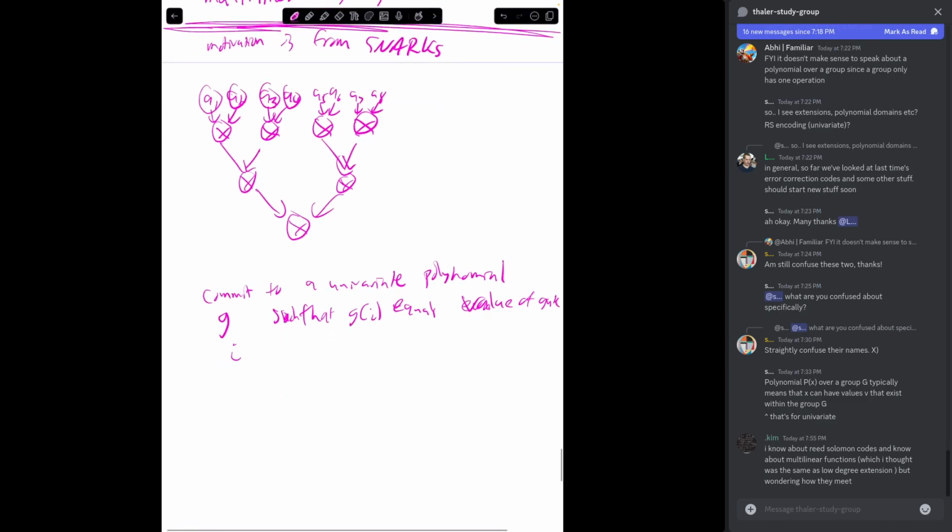So if I assign this gate label 9, this gate label 10, this gate label 11 and so forth, then G of 9, if the prover's honest, would be A1 times A2, and G of 10 would be A3 times A4, just because gate 9 is computing the product of inputs A1 and A2 and so forth.